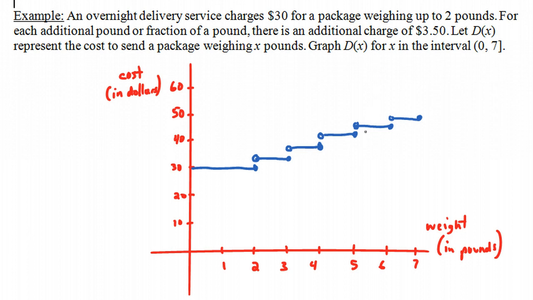So any package that's between 5 pounds and 6 pounds would end up being $44, right? 30 plus the 14, it'd be 44. So for example, 1 point on this segment here would be 5.3 comma 44. So this graph is a step function, and you can see that these step functions do arise in actual real-world situations.